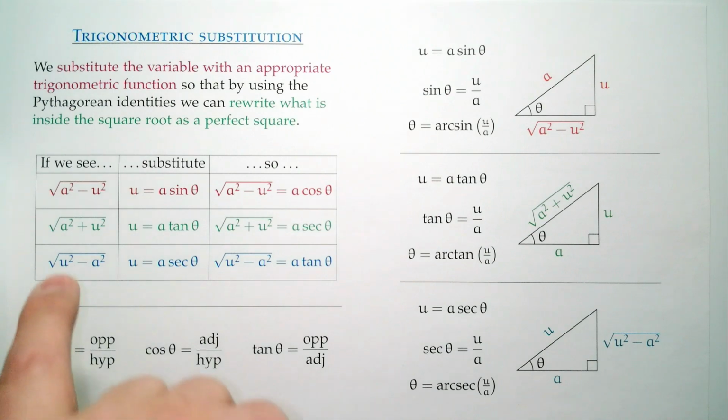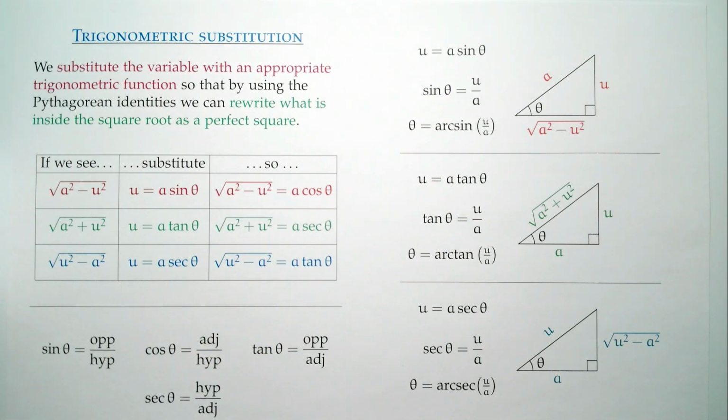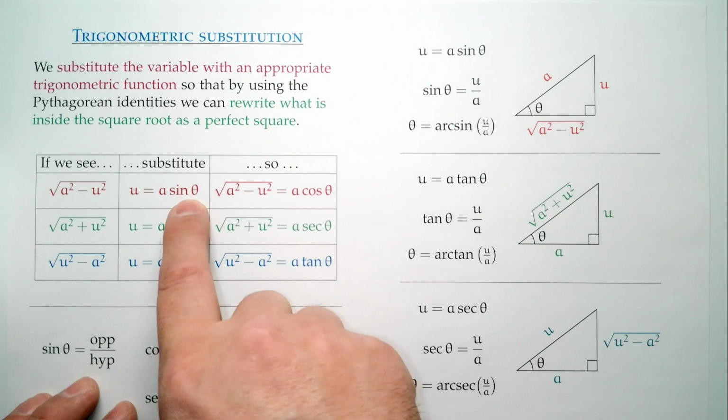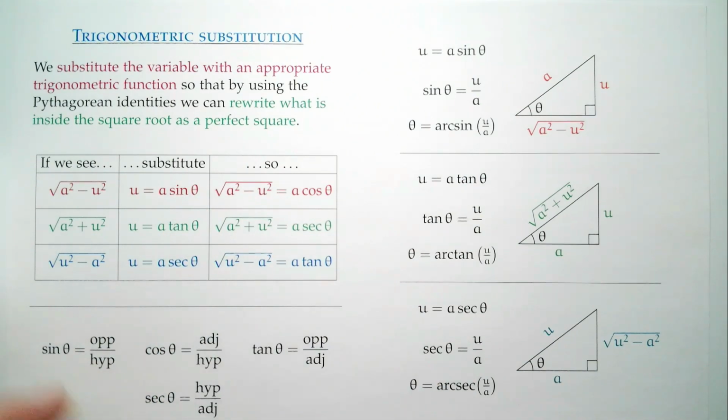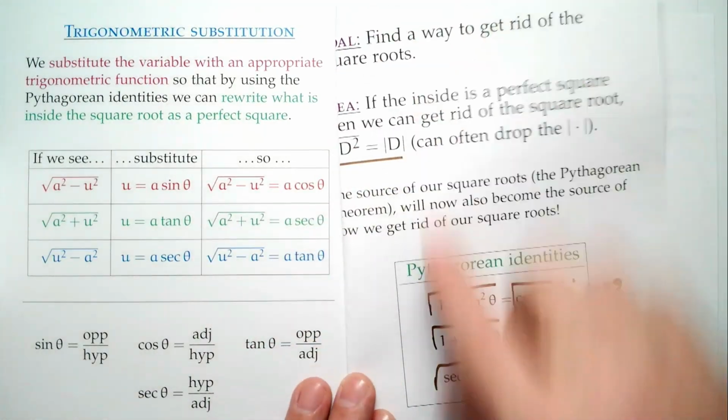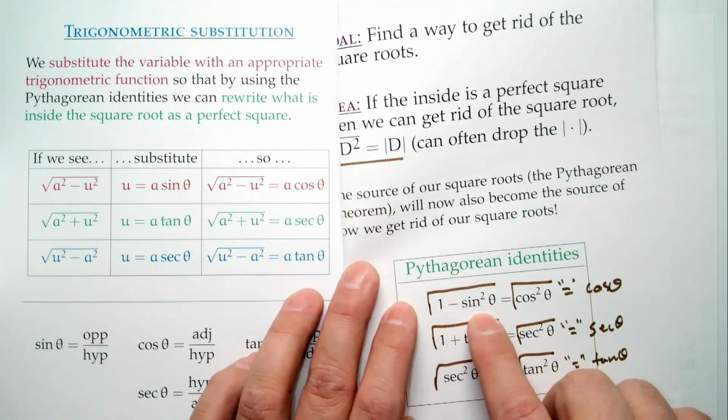If we see something like the square root of a squared minus u squared, what do we do? Well, the answer is we substitute u equals a sine theta. Why? If you come back to what we just had before, see how we have the square root of 1 minus sine squared?